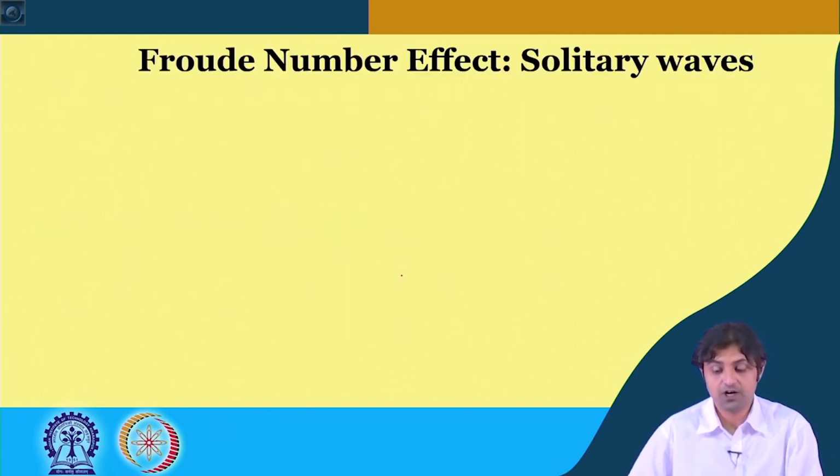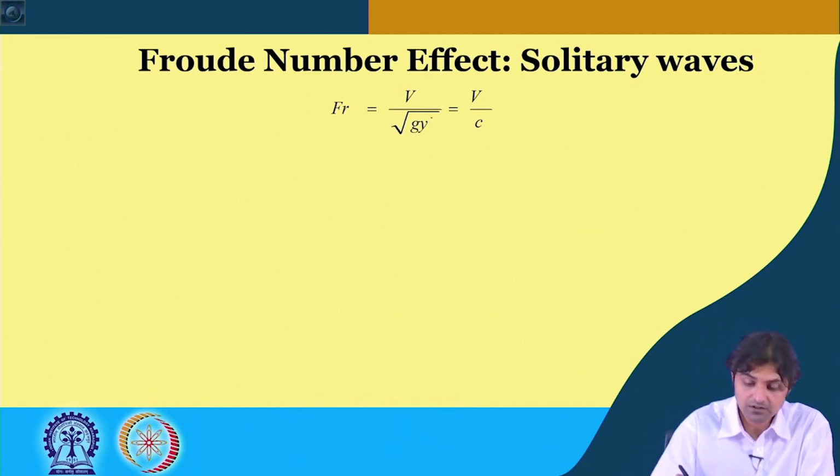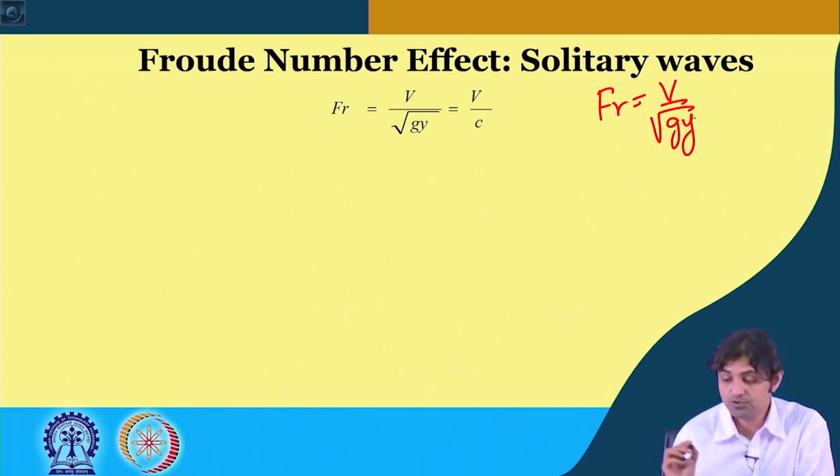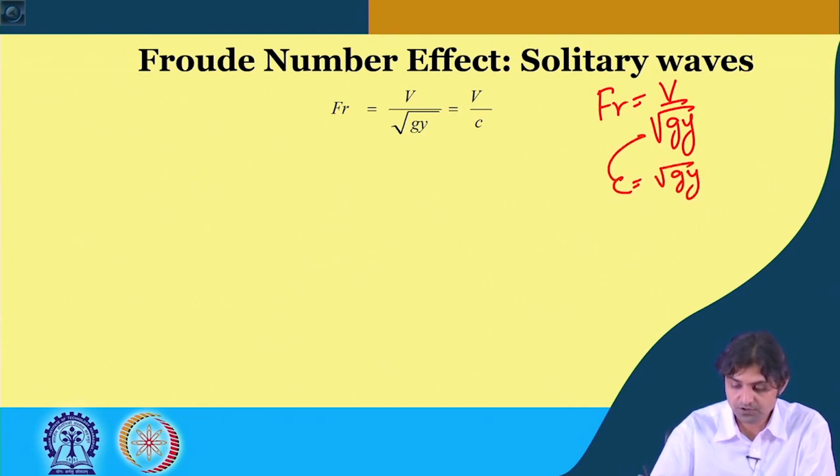So, there is a Froude number effect also in solitary waves. Froude number, as we discussed, is given by V under root G y. This is the definition. But what have we obtained now using the solitary wave? That speed of the wave is under root G y, and this we substitute here.